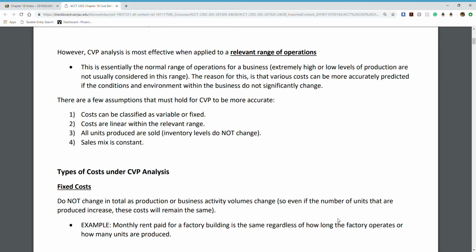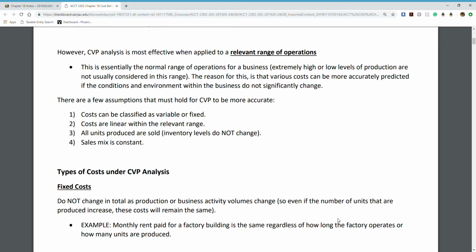Because there are various costs that can be more accurate in conditions and environment within the business to make that significant change, this uses a lot of variables. But we're going to try and keep it very simple for this one. Again, if you take cost accounting, you're probably going to see this a lot more in depth. Here, we'll try and get you the basics. So this is the basics of the CVP.